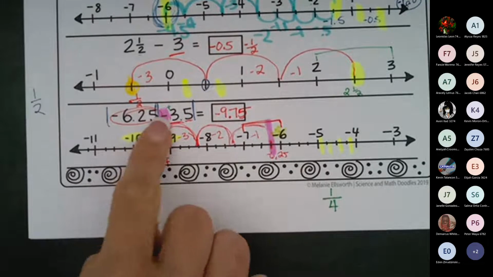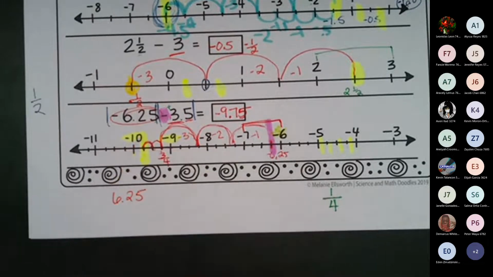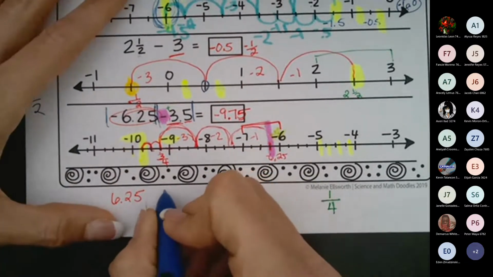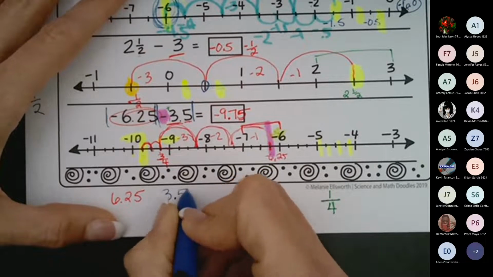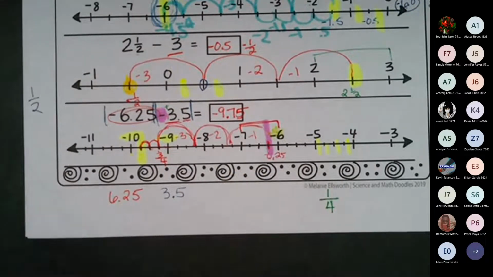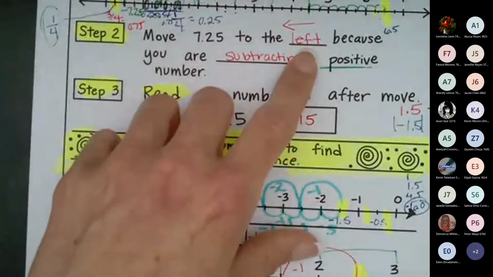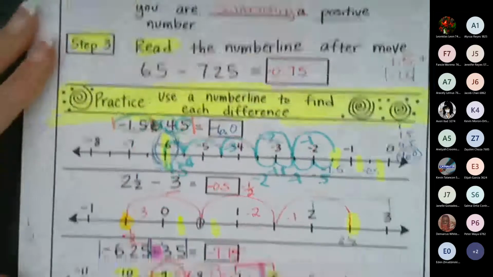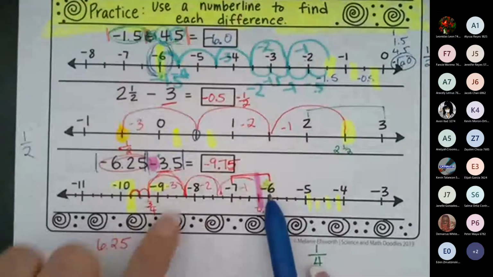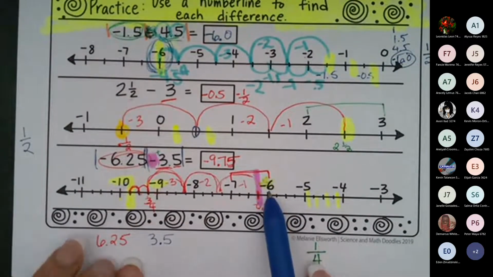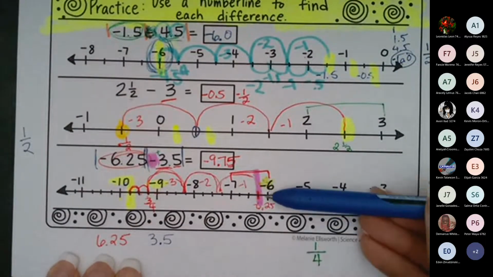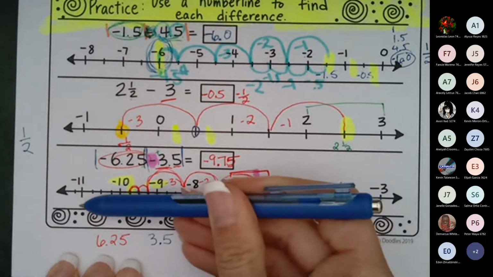My absolute value of subtract 3.5 is going to be 3.5. Now, I know since I am moving to the left because I'm subtracting a positive number, I'm going to add these together, right? Because no matter what, I am increasing my value to the left.